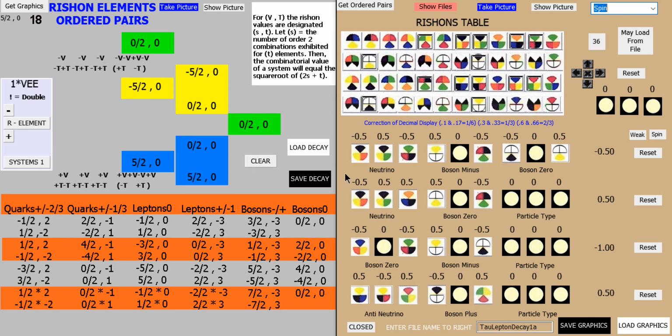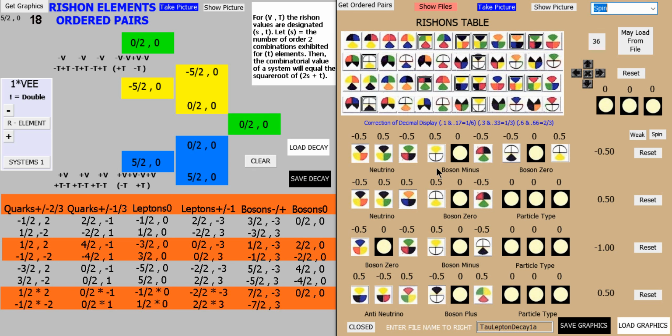And so, the spin on the tau lepton: initially on the generic neutrino, we have minus 1/2, plus 1/2, and minus 1/2, giving us a total of minus 1/2 contribution by the 3 rishons.